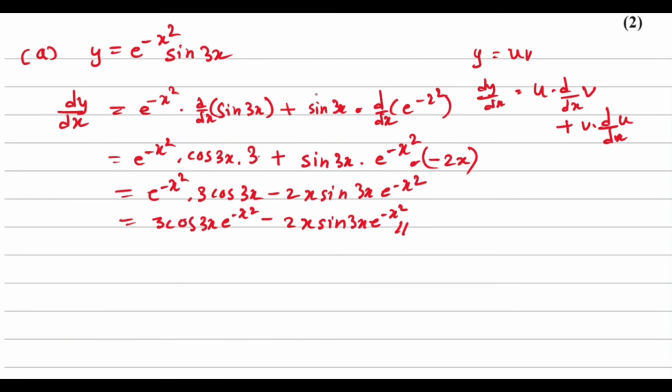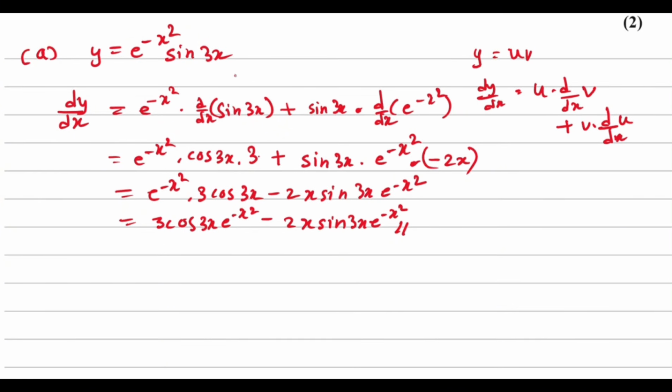This is exactly what we have done here. We have taken the first function and multiplied the derivative of the second function, and then we have added the second function multiplied by the derivative of the first function.